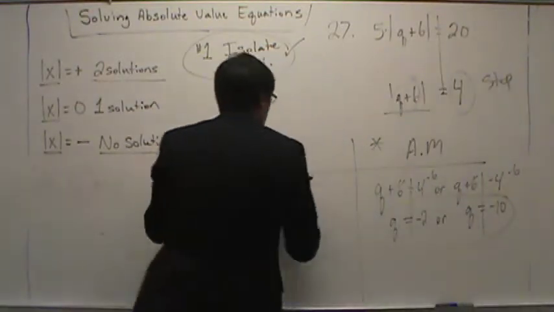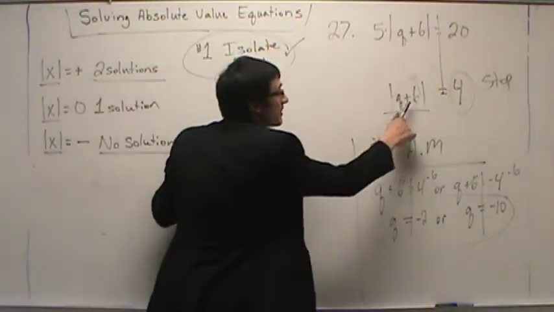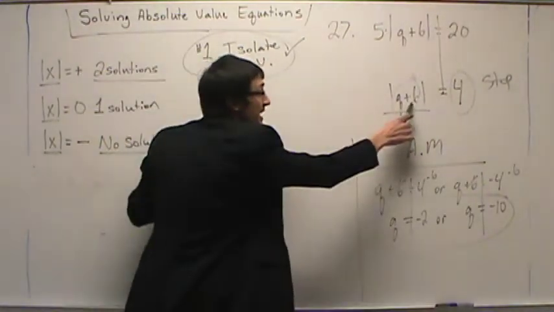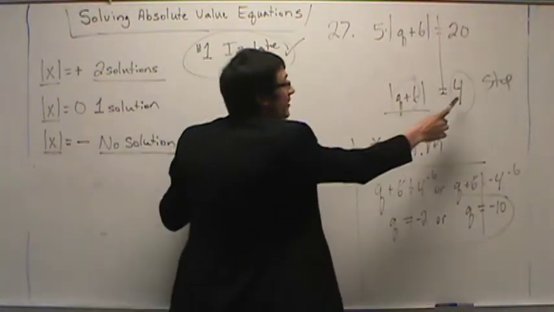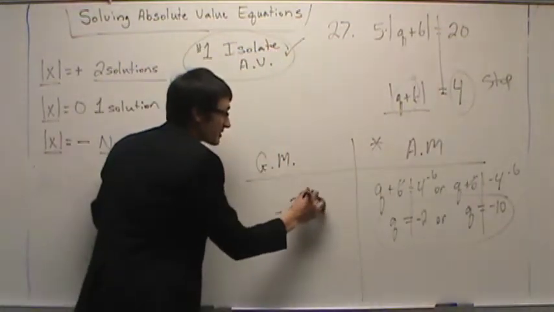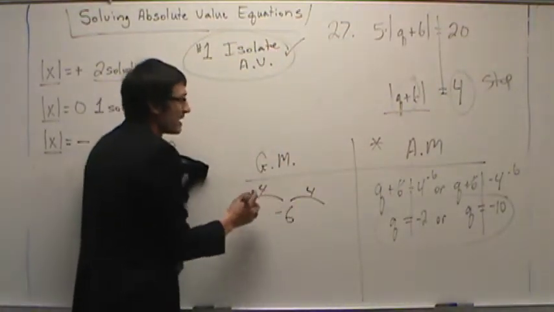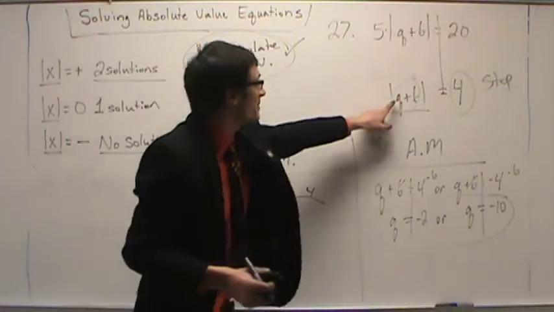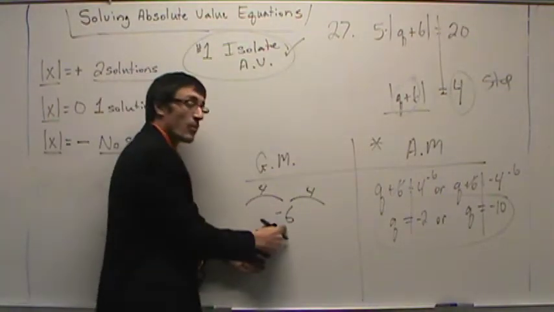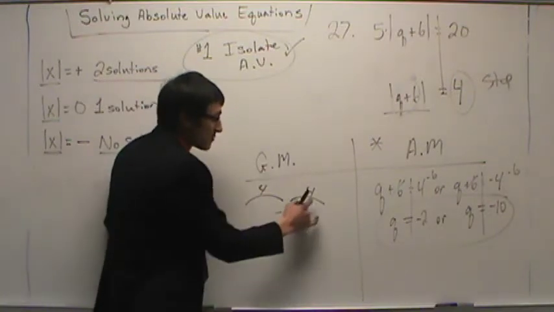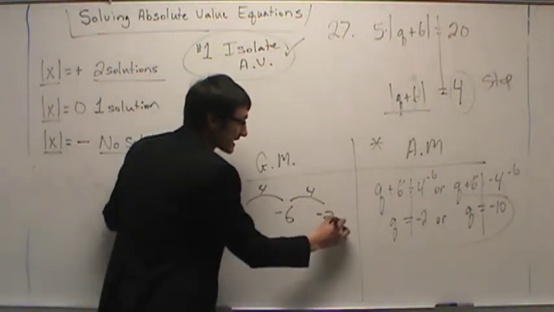Geometric method says we need a center. So our center is what? Center is the opposite of positive 6, so we get negative 6. And our distance is either way, or what? 4. So we're going to go 4 units to the right, 4 units to the left. Now, question, is anything being multiplied by Q? The answer is no. So we don't have to divide these distances or the center. Negative 6 plus 4 is negative 2.